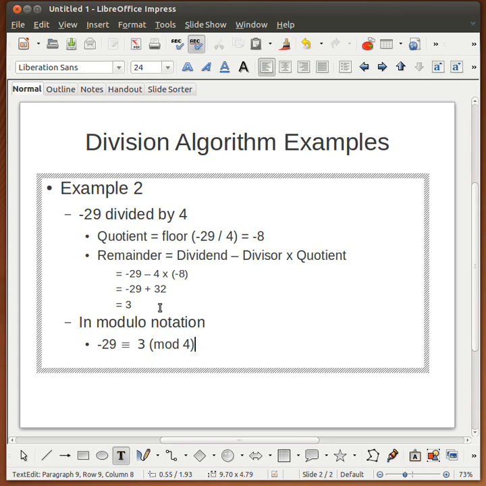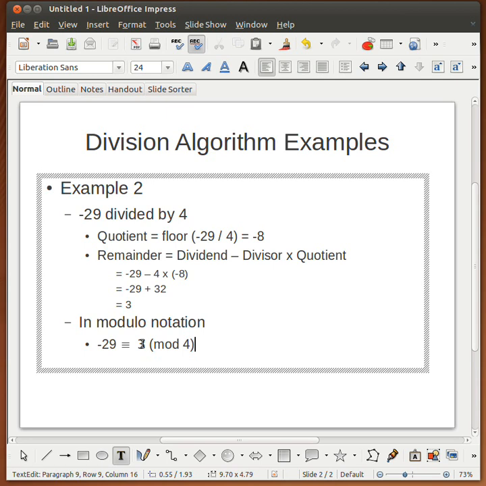Now this seems to make a lot more sense. If we had used our day-to-day notion of division to compute the equivalent number of negative 29 modulo 4, we would end up getting negative 1, which we had seen earlier.